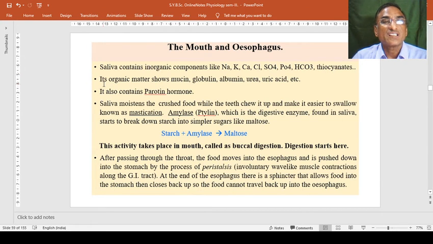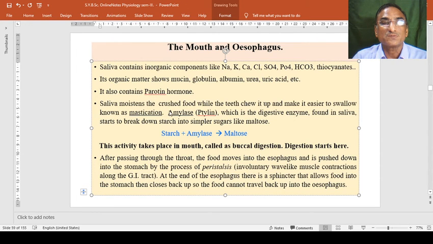Its organic matter includes mucin, globulin, albumin, urea, uric acid, etc. It also contains some hormones, such as parotene hormone.